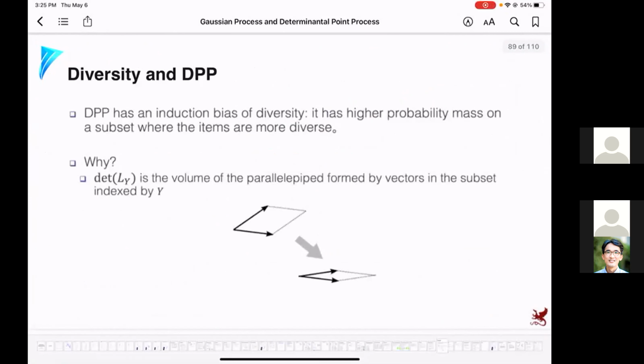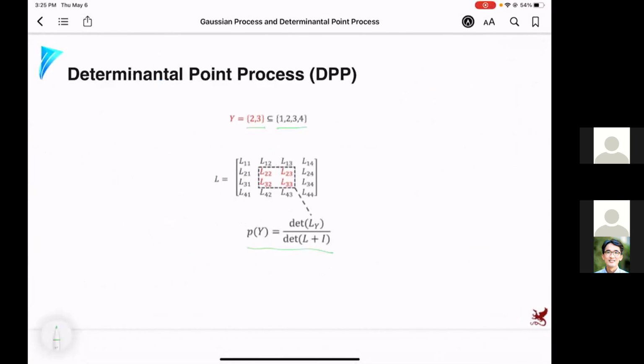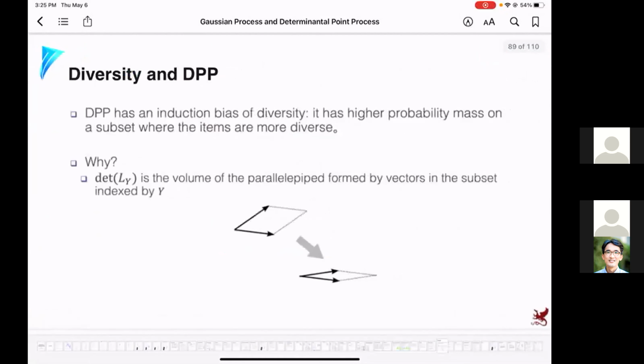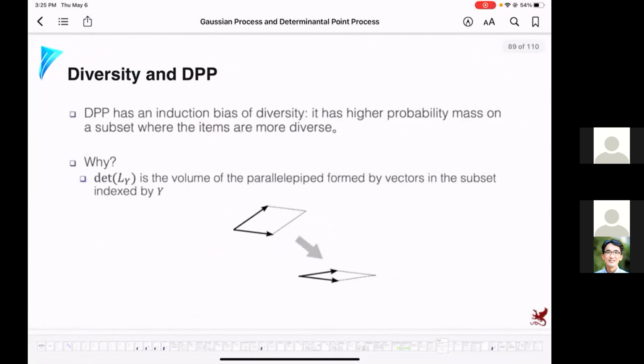Then let's get some intuition behind this DPP. Why do we want to design it like this? First of all, when we talk about the intuition, we can ignore the denominator for a moment, because it is just a normalization term to make sure everything is a probability. So we only look at the numerator, the determinant of the subset.